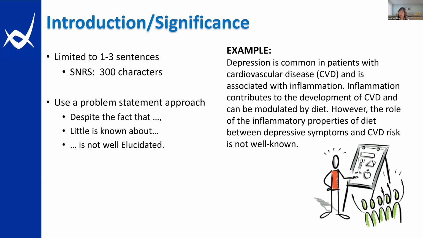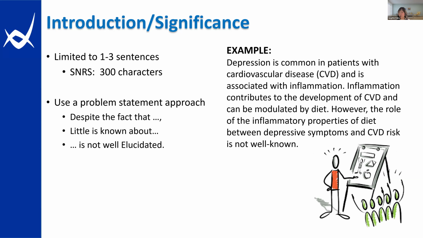This one says depression is common in patients with cardiovascular disease and is also associated with inflammation. So people can see, oh, she's going to talk about depression or depressive symptoms, and also cardiovascular disease and inflammation. And inflammation contributes to the development of CVD. So you want to make sure they are connected together, right?